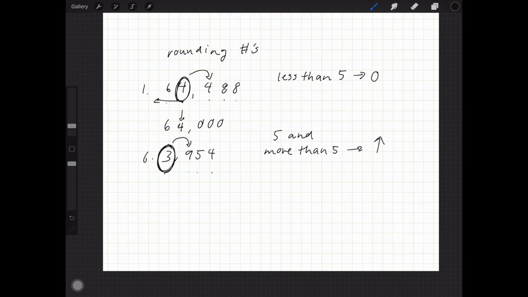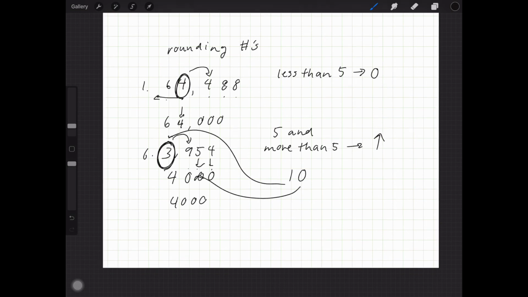So this one is a number 9. 1 higher than 9 is 10, except 10 is a 2-digit number, and so we're going to fix that by putting a 0 here, and then adding the 1 to the 3, which is 4, and then moving these numbers into 0. So the number you get is 4,000.